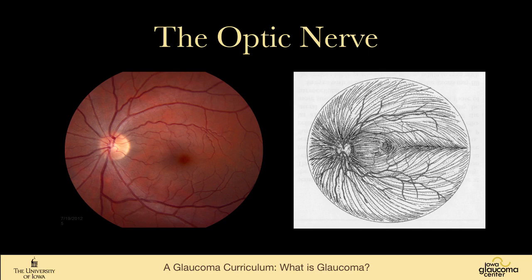how changes in the optic nerve affect the visual field, peripheral vision that a patient has, and how we follow that. So here on the left we can see a fundus photograph of an optic nerve in the posterior pole, and then a cartoon of the way that those nerve fibers are laid out.